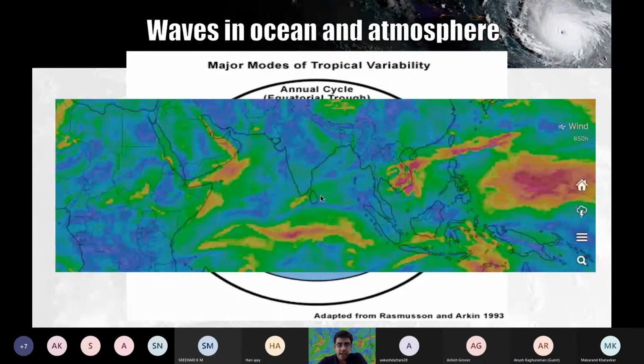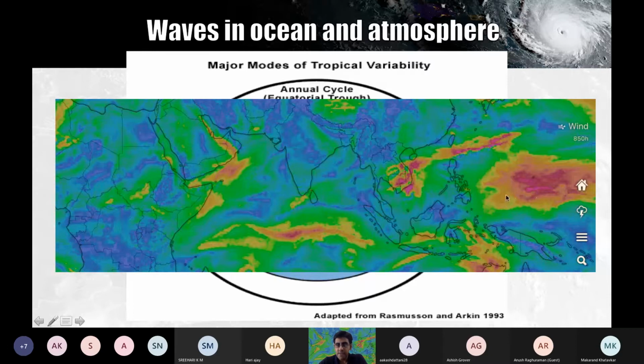And this is today's chart. I have just taken it this morning. How do I find waves? That would be a very good question that you may immediately ask. So if I take any of these wind charts at 850 hPa, then these undulating patterns are the waves.